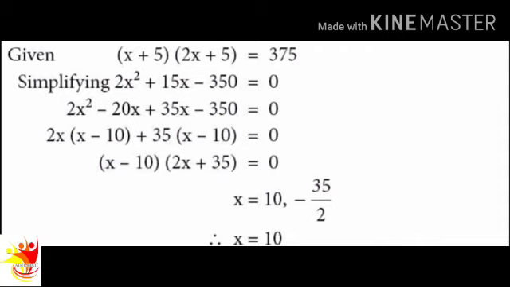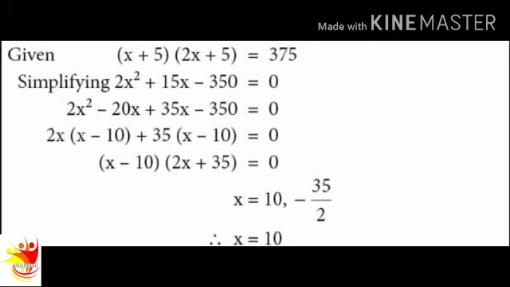Factorize the quadratic equation. 2x square, split the value of 15x into minus 20x plus 35x minus 350 equal to 0. We take the first two terms, 2x square minus 20x. Next take the last two terms, 35x minus 350 equal to 0.